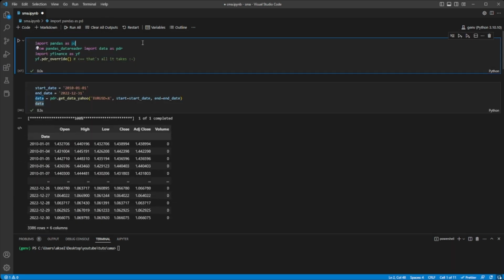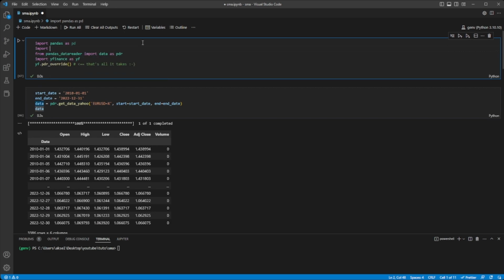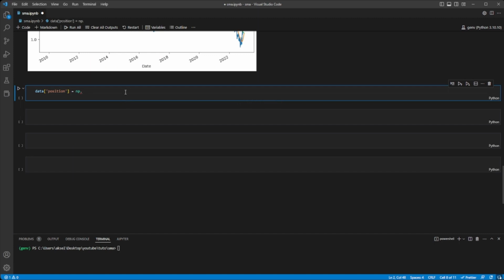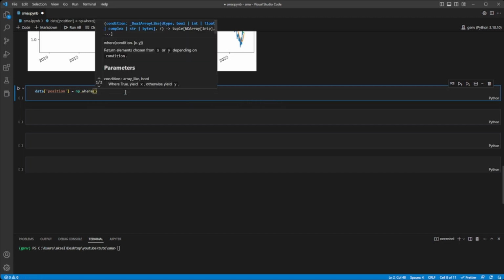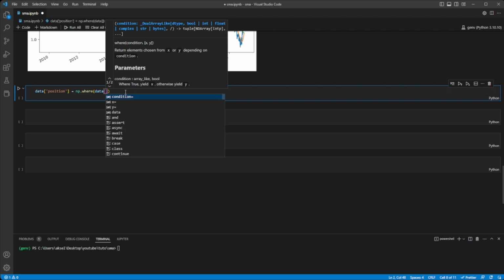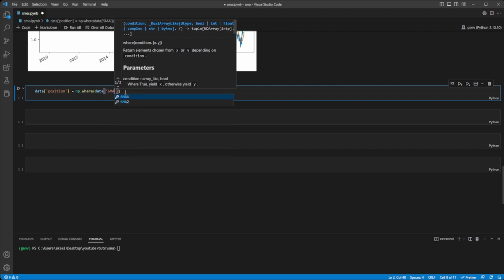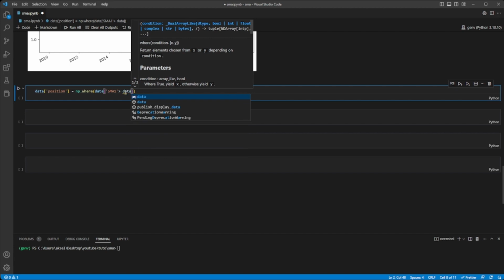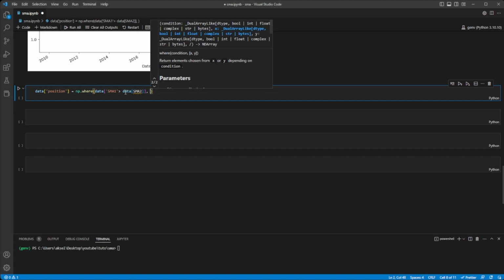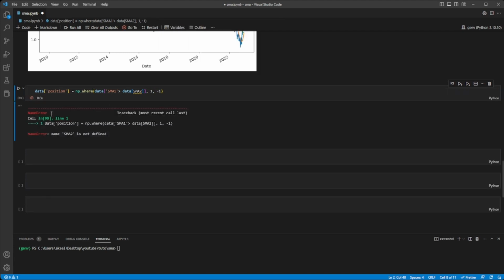I guess I didn't do so, so import numpy as np. We're gonna use this function. So whenever the data SMA1 is bigger than the SMA2, our position will be long, otherwise it's gonna be short.